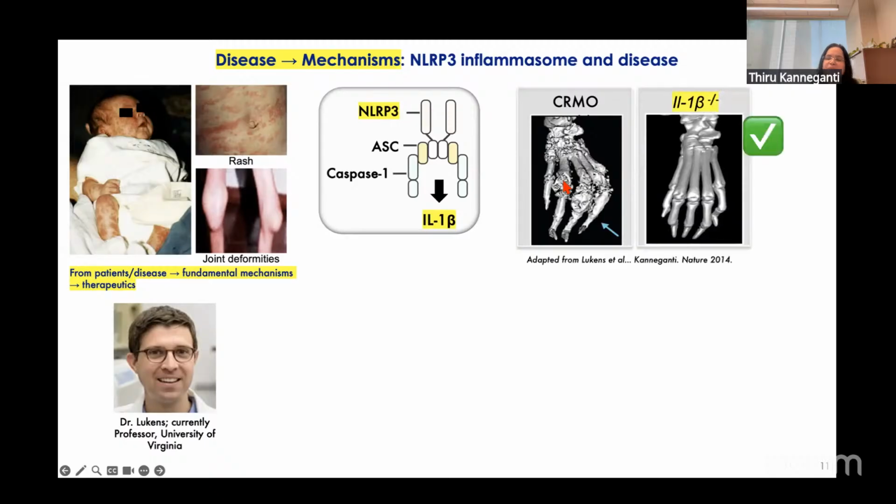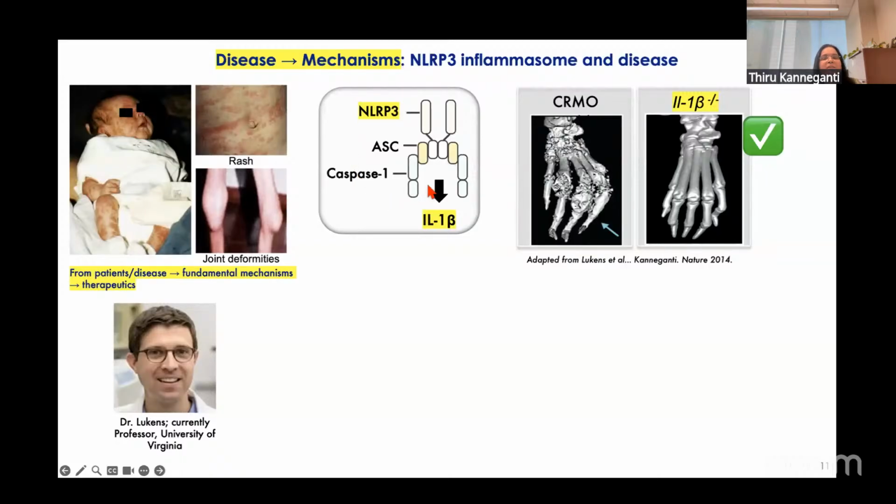And indeed, John was able to show that by removing IL-1 beta in this background, there's complete protection from bone destruction.